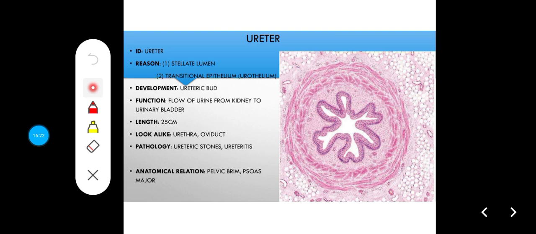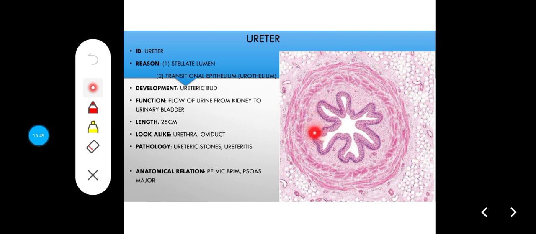Now the differences between the esophagus and the ureter is that the esophagus contains stratified squamous non-keratinized epithelium, but in the ureter you see the transitional epithelium, also known as the urothelium. Try and refer back to our earlier videos on epithelium to understand how some of these epithelia look.